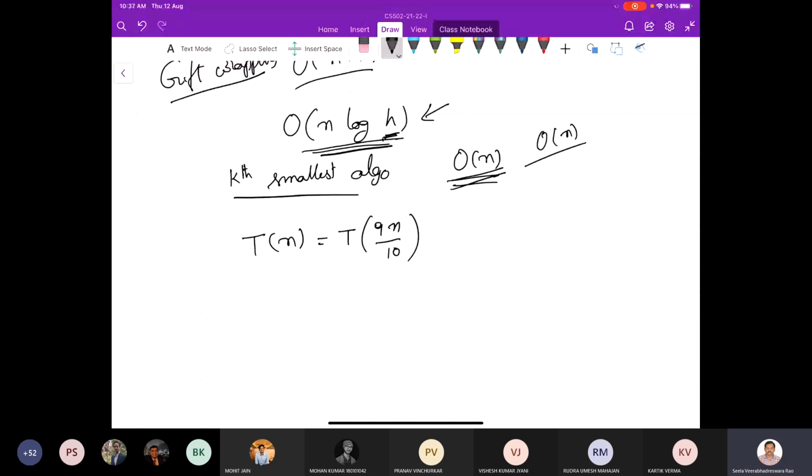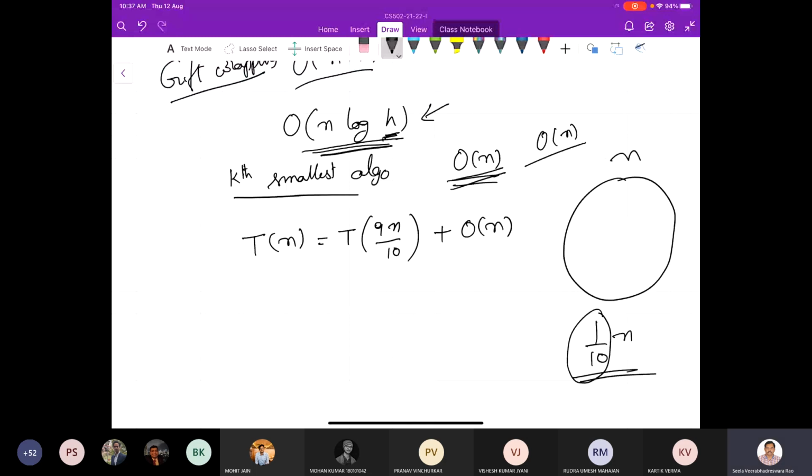So if this pruning can be done in linear time, so we have a space of n points, and you spend linear time and remove 1/10 of the input size. Any fraction, 1/10 or 1/4, 1/5, 1/20th, some fraction you remove and get the remaining part, and use this repeatedly, the same thing.